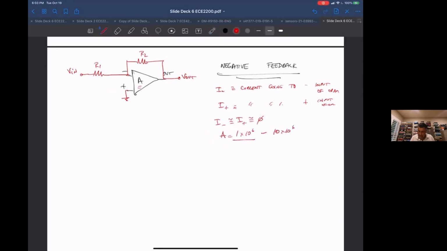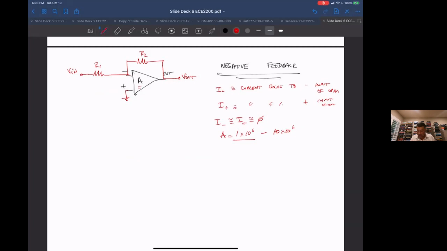Sometimes you get a part that's a gain of 1,000,000, sometimes 10 million, sometimes 2 million, 3 million, whatever. Every one is crazy different, but they are all a very large value.